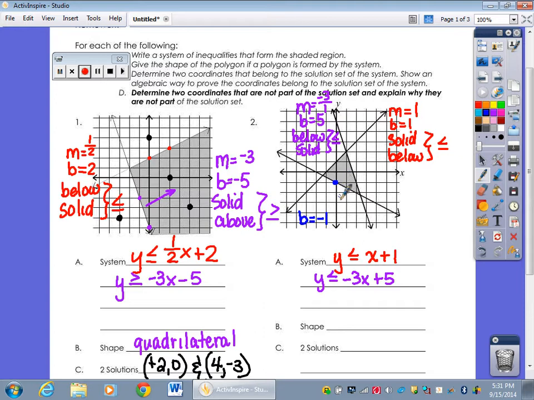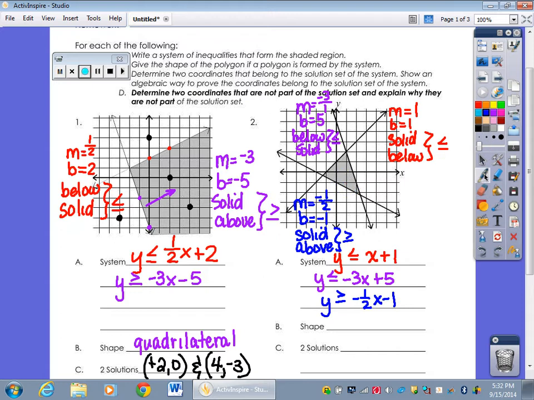The slope is down 1 and to the right 2. So your slope is negative 1/2. And it's solid and it's above. So that means it's going to be greater than or equal to. So y is greater than or equal to negative 1/2 x minus 1. So those are the 3.